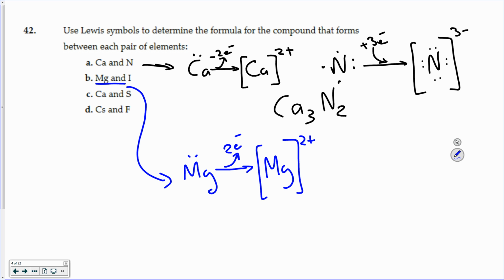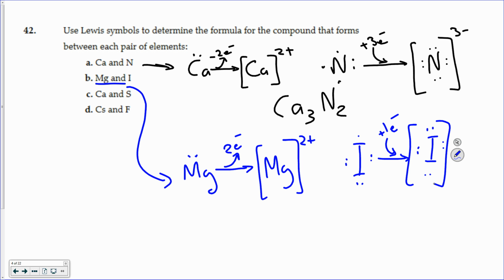Right, what's going to happen with iodine? Iodine has 7 valence electrons. It's going to want to pick up 1 to form its octet of 8 electrons. And it has a charge of -1.